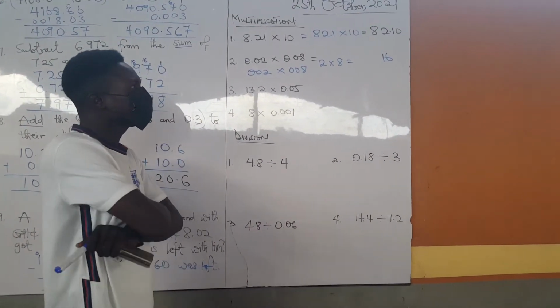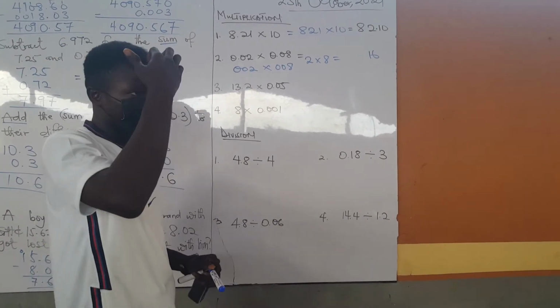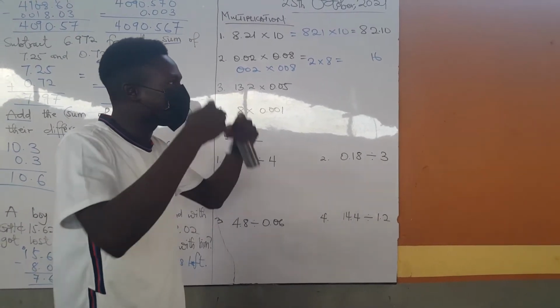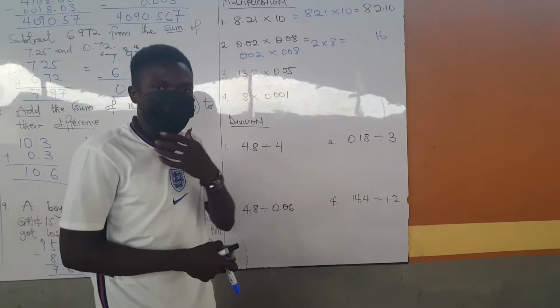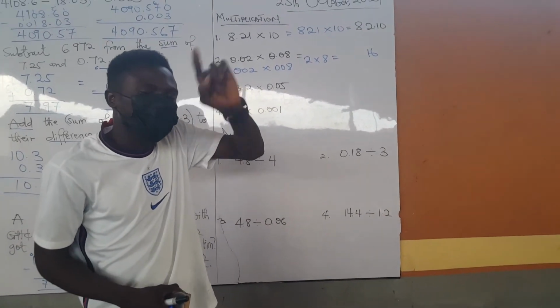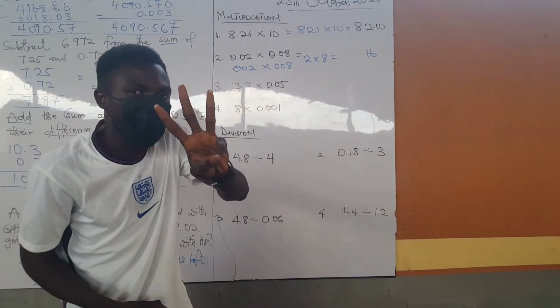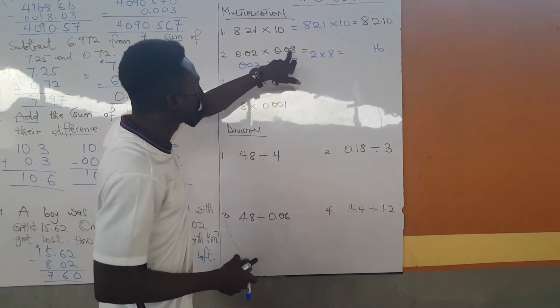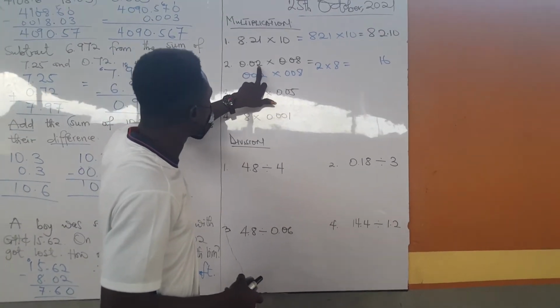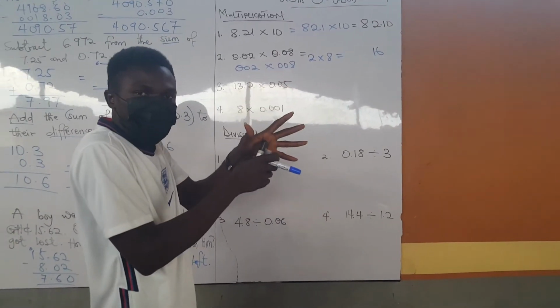Now, look at the question. You were given decimals, so your final answer should also be in decimals. But ask yourself, how many numbers were after the decimal point? 4 numbers. Why is it 4? 2 here, 2 here. So I have 1, 2, 1, 2. So 2 plus 2 will give me 4.